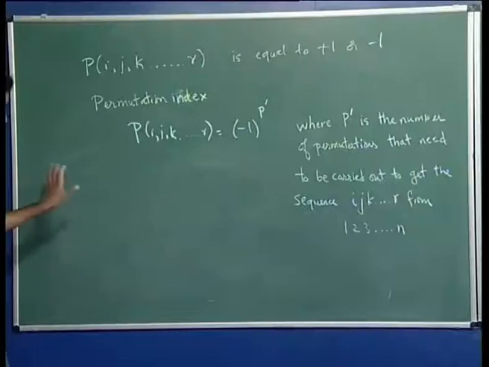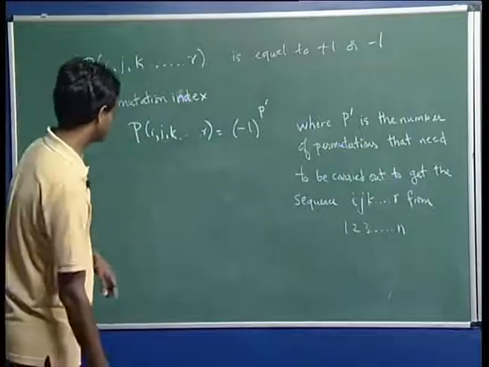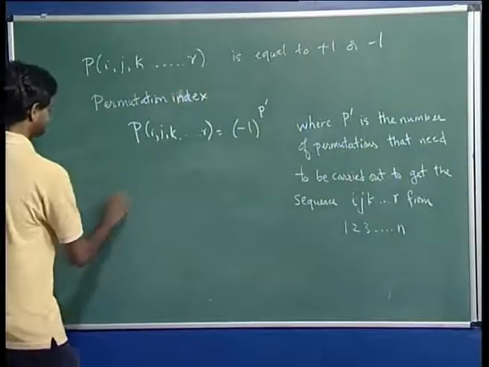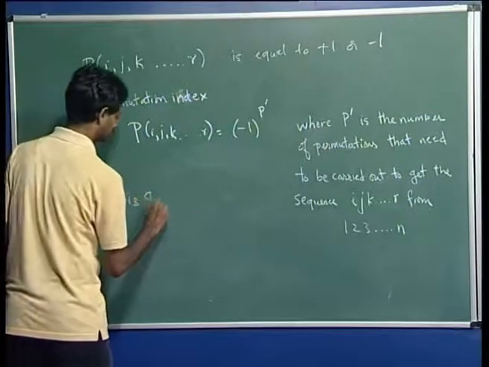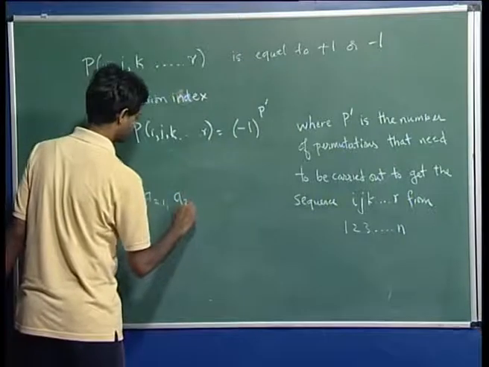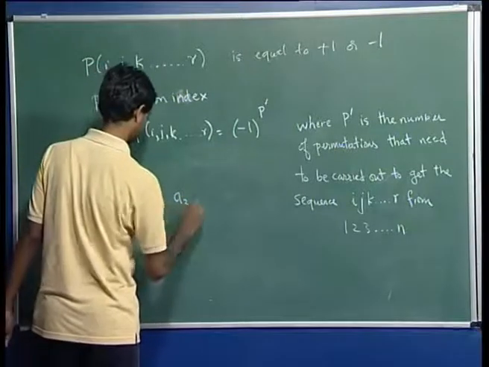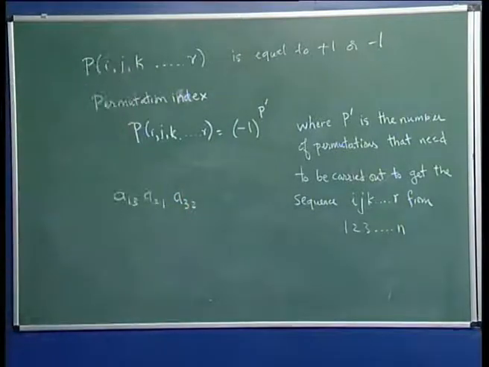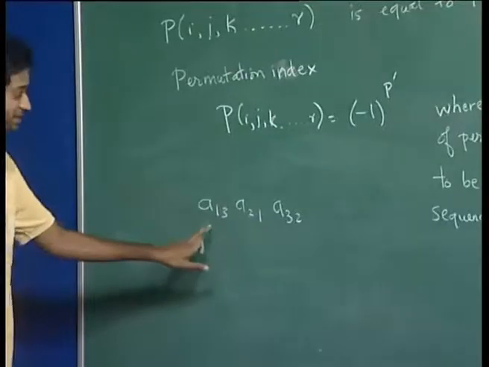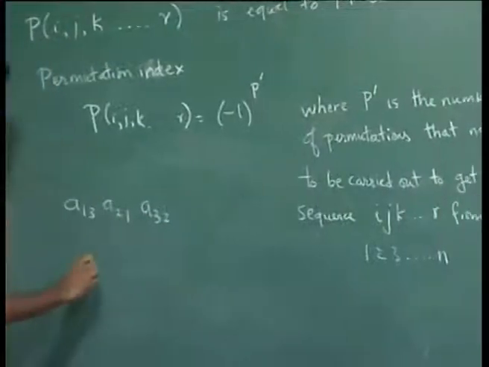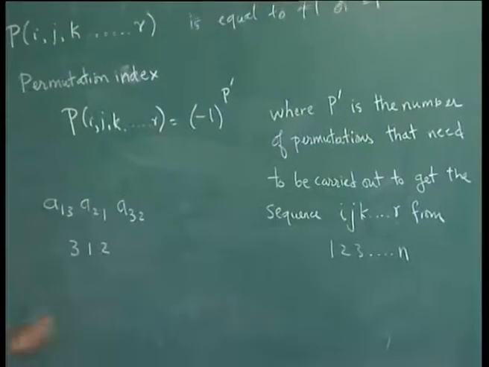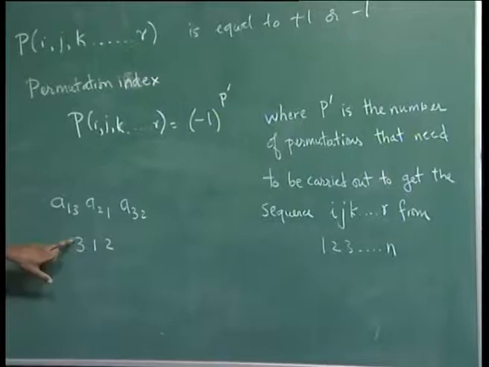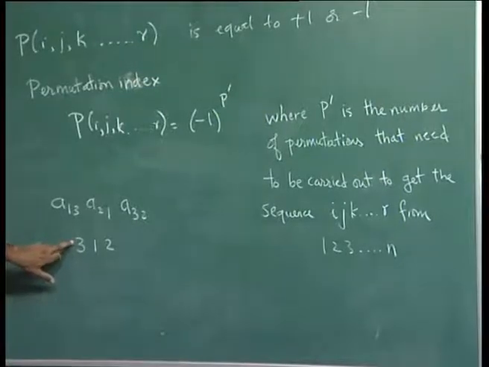Okay. So what this means is, suppose you have a term in the determinant that looks like a13, a21, a32. Then this sequence i, j, k up to r is basically 3, 1, 2. And now you have to see how many permutations you have to do to get 3, 1, 2 from 1, 2, 3.